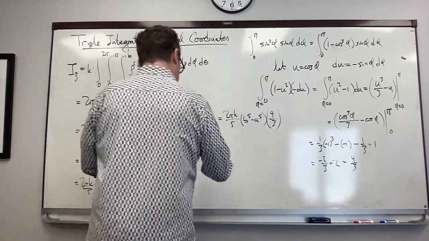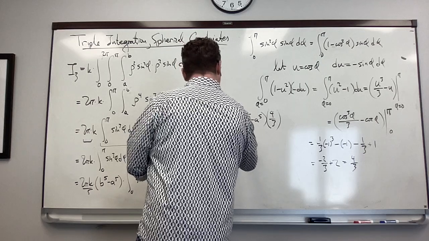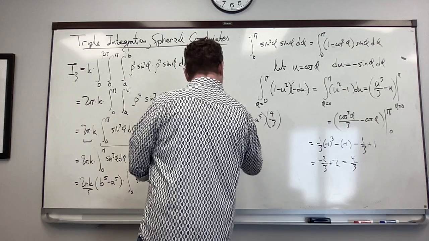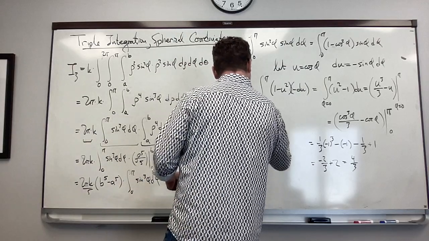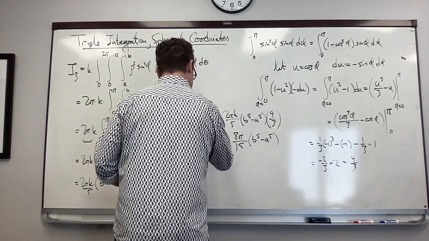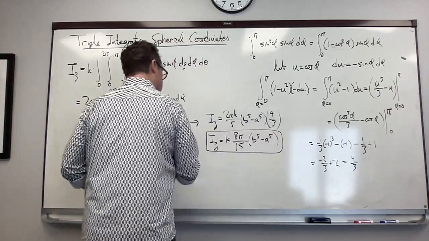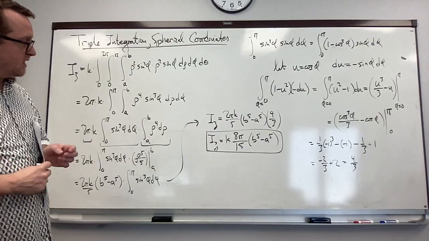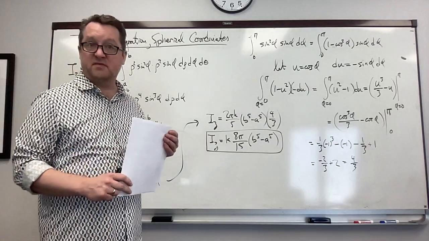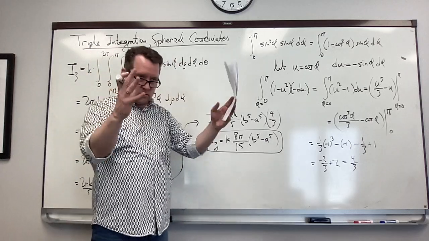That's k times 8 pi over 15, b to the 5th minus a to the 5th. That's the moment of inertia of a thick-walled sphere, outer radius b, inner radius a, about any of the axes, actually, because they're all the same. Now, just back a step. So we have a thick-walled sphere.